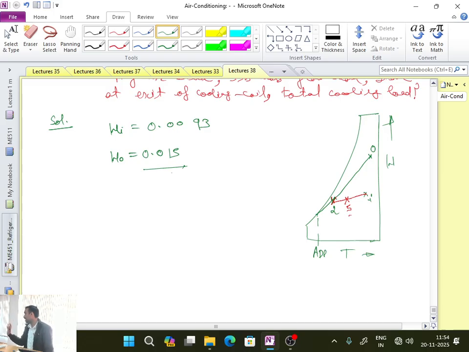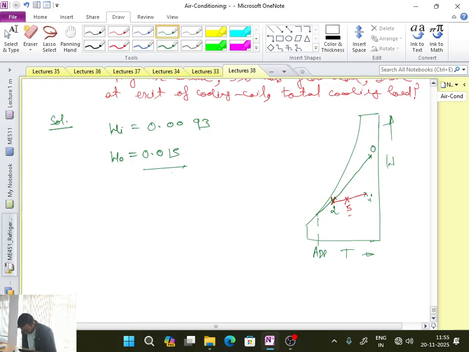Partly the psychometric chart I have explained to you. Some additional thing is to be done over here. Can you tell me how we can proceed further? I know RSH, I know RLH.